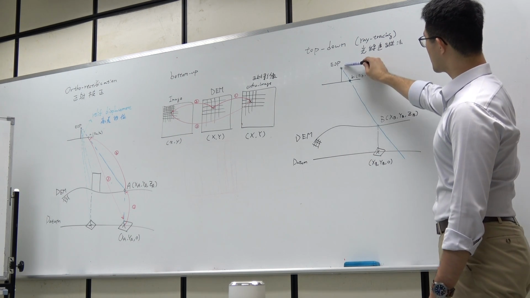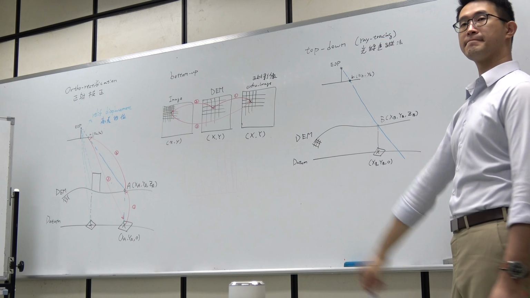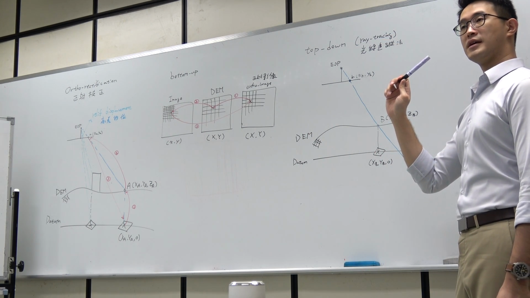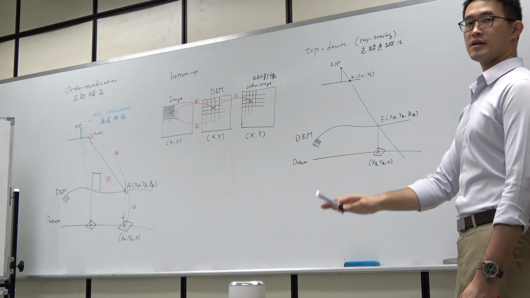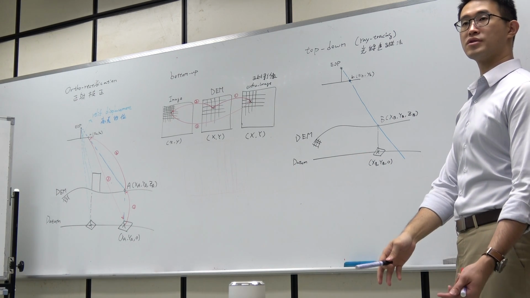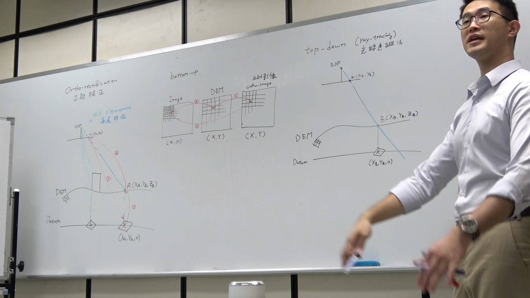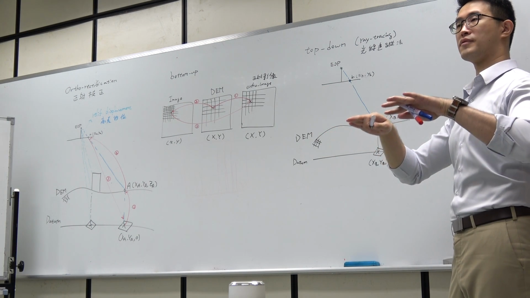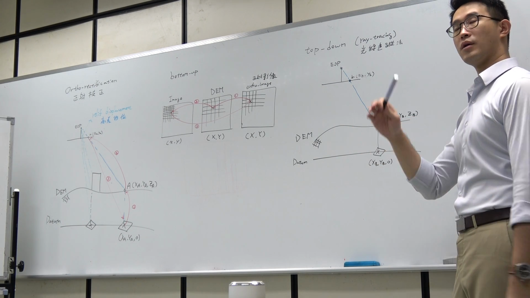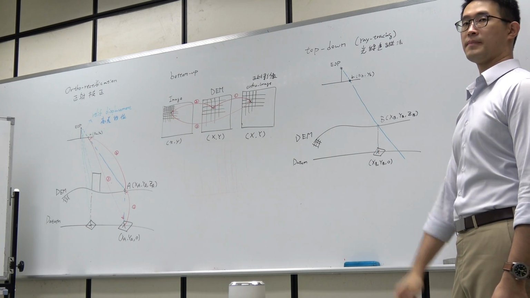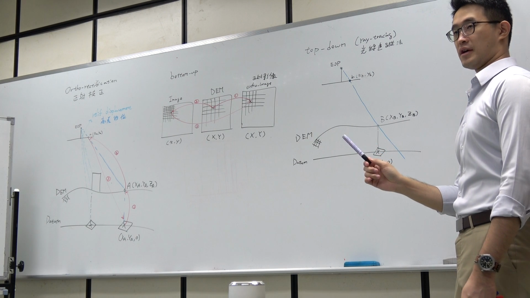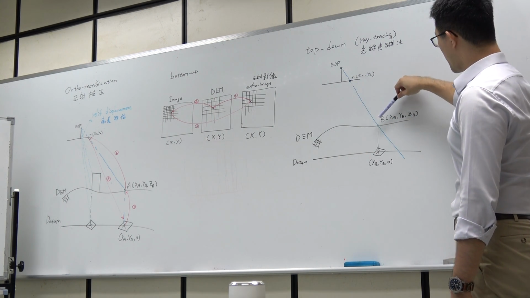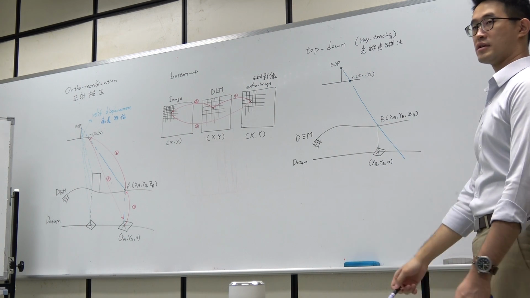How can I use this and this to find out this? Right now, the unknown is the object space coordinates. And as you know, in photogrammetry applications, in order to find out the object space coordinates, we need stereo pairs to perform space intersection. Right now, we only have one image. How can I go from one image to find out where the B point is?